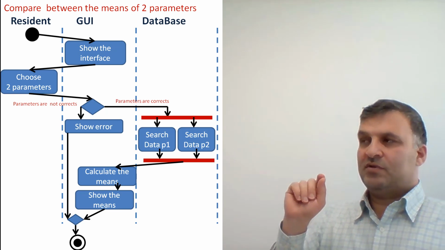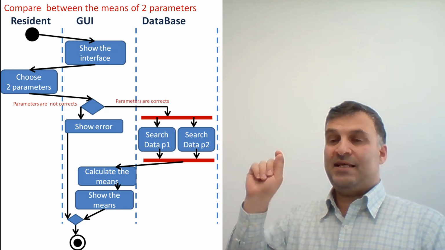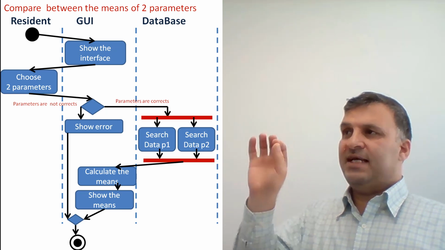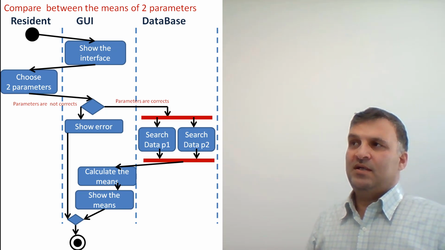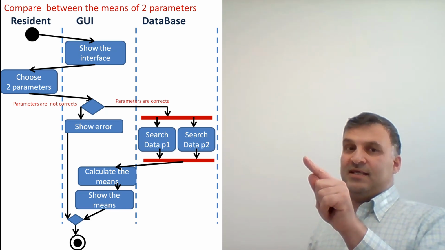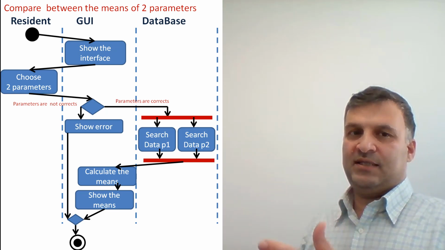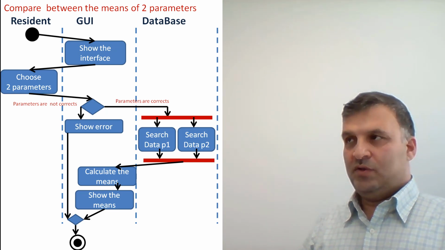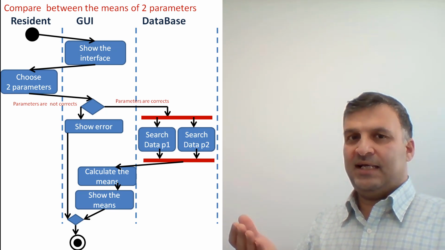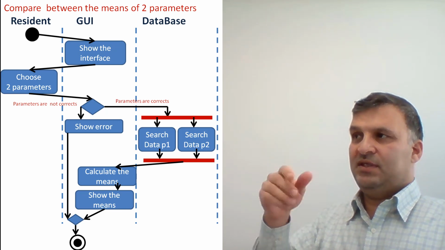As I mentioned before, database here means database management system. From this diagram we can know that it is the resident who starts the activity. So he takes the tablet and he searches for some information.